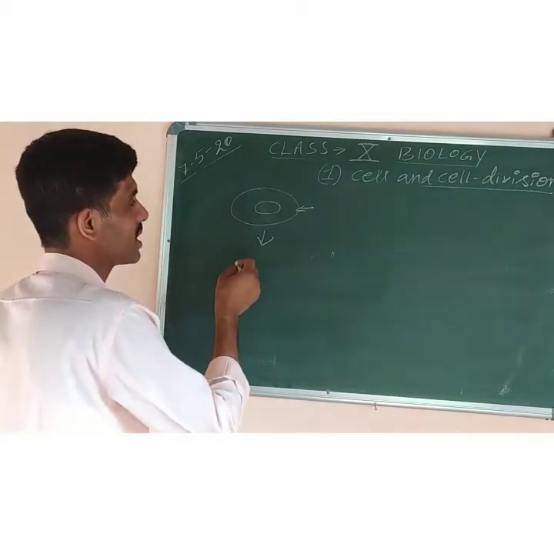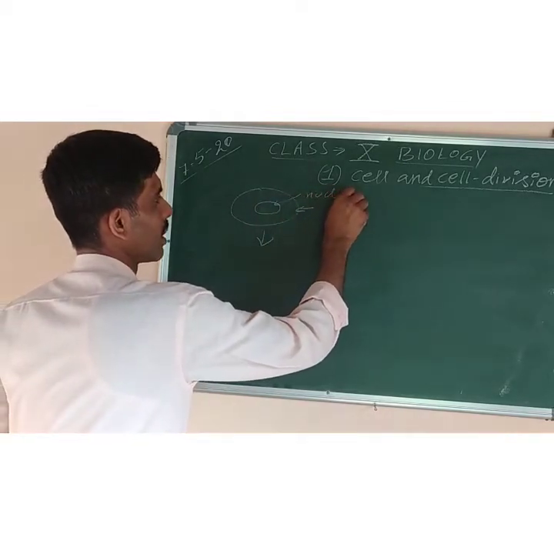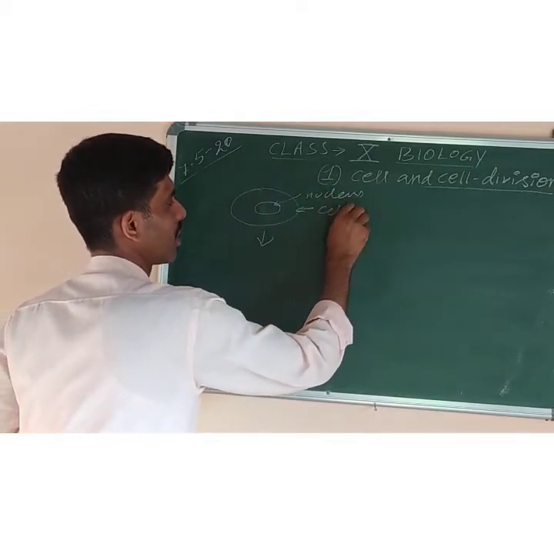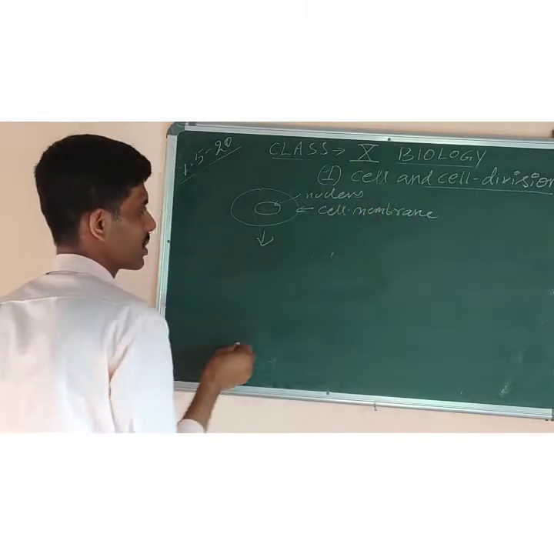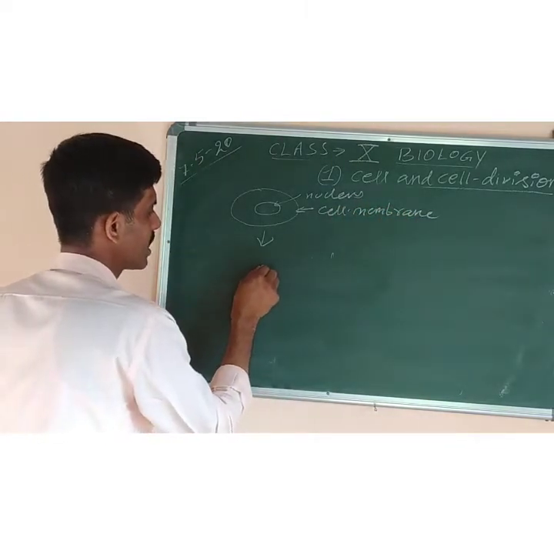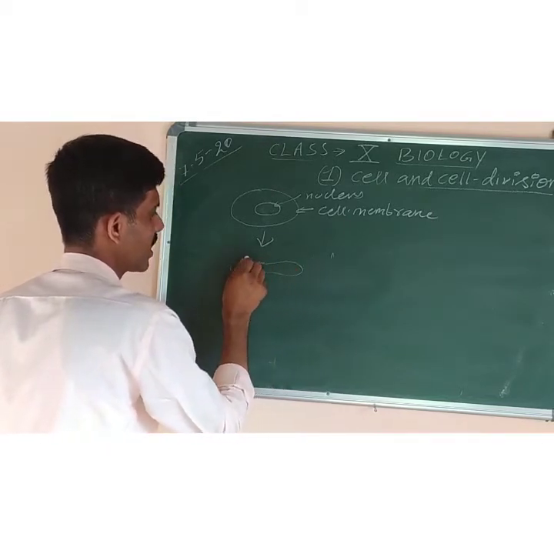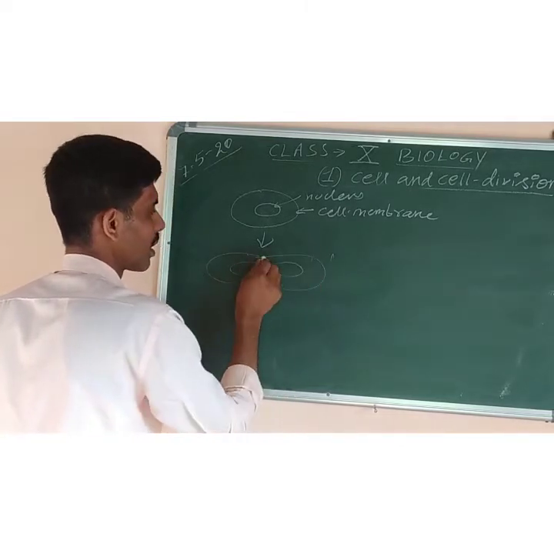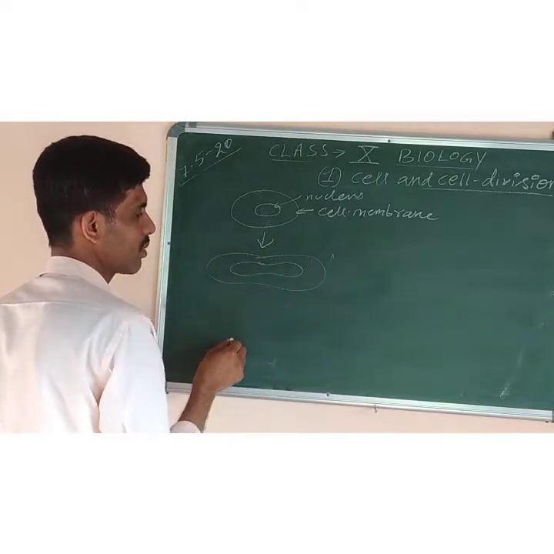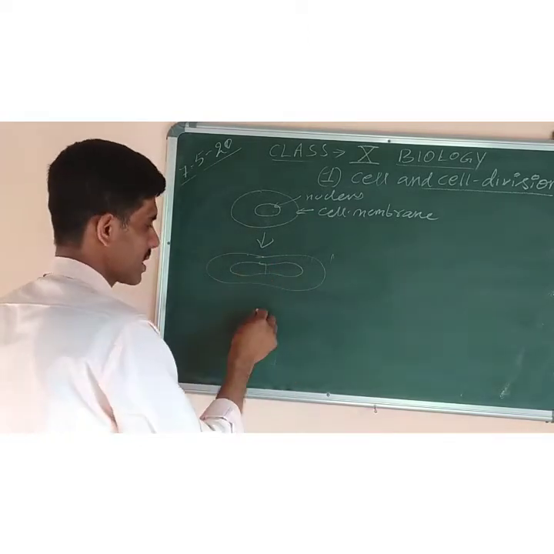If it is an animal cell, this is the nucleus. Or plasma membrane, you can write. This is the diagram to show amitosis. Now what happens, there is elongation of the nucleus. The nucleus or the genetic material, nucleoid, will elongate. See the changes which occur in the nucleus. And finally, it will divide into two equal parts and separate.